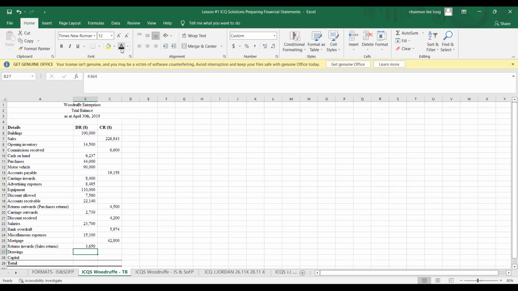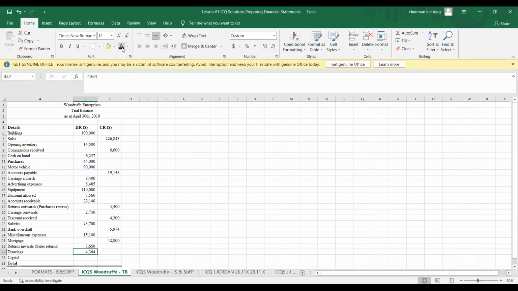I could go and buy food with this money. Yes, it might impact the business, but it is not rent or electricity or telephone bill, right? So drawings will be debited.